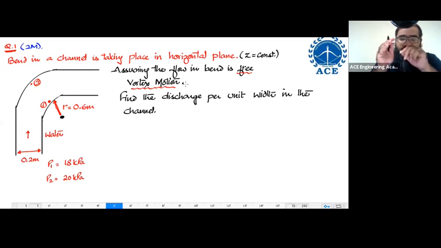Can I apply P1 by gamma plus V1 square by 2G plus Z1 equal to P2 by gamma plus V2 square by 2G plus Z2? Yes, I can apply that thing. The reason is free vortex motion is irrotational flow. In that particular flow, you can apply Bernoulli equation between any two random points.